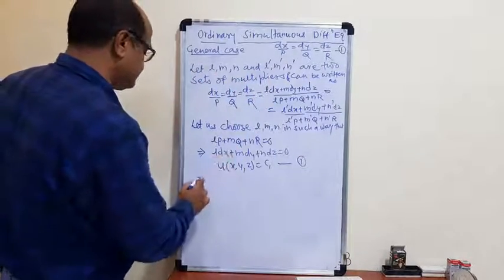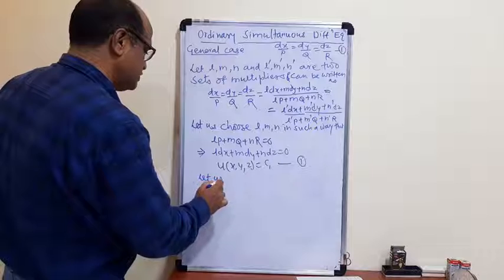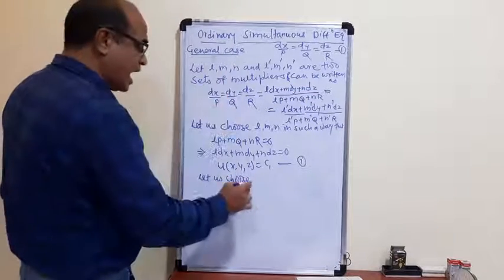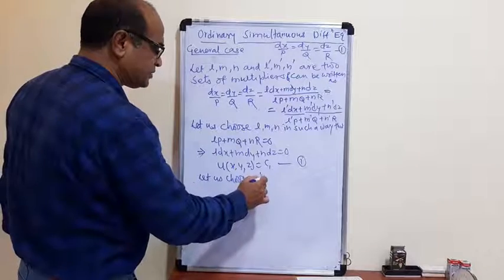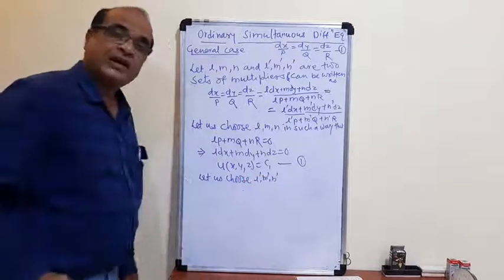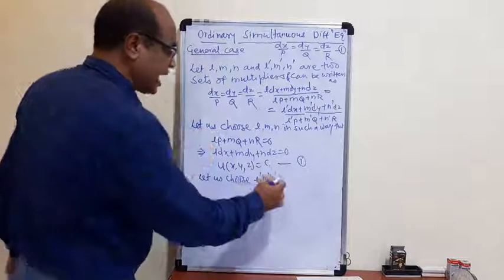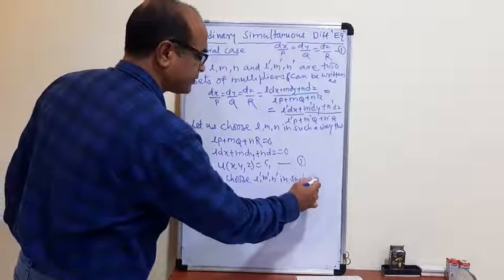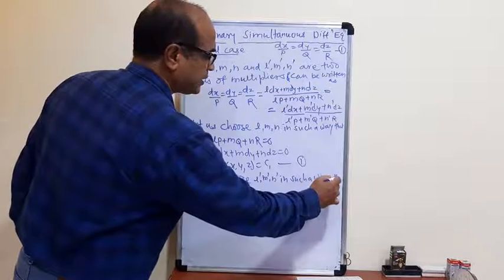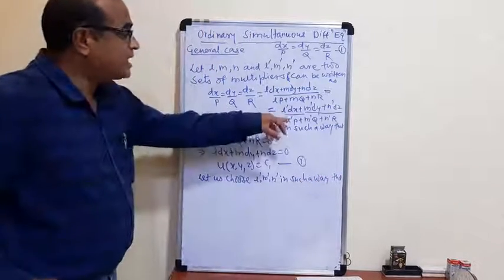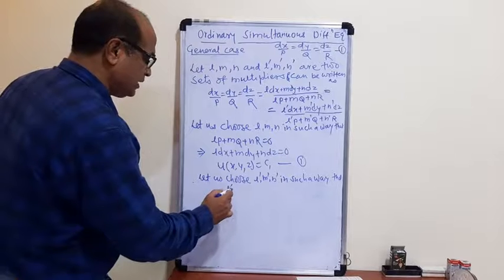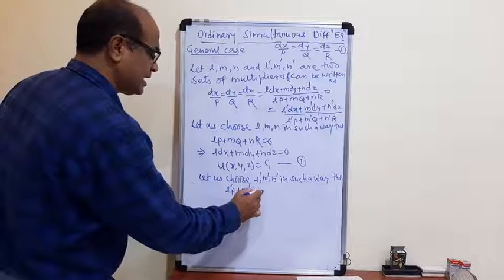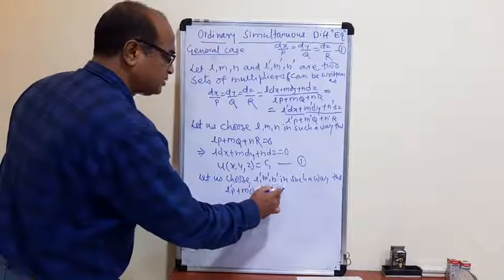So we choose another set of multipliers, L dash, M dash, N dash, in such a way that L dash P plus M dash Q plus N dash R is equal to 0.